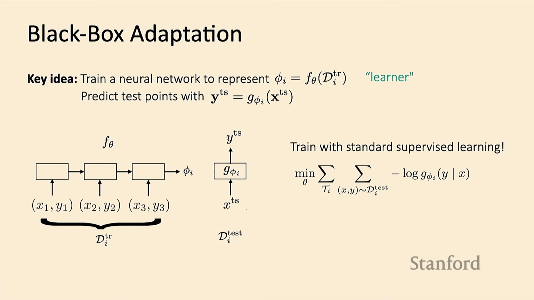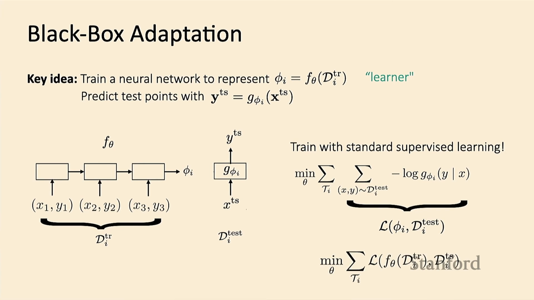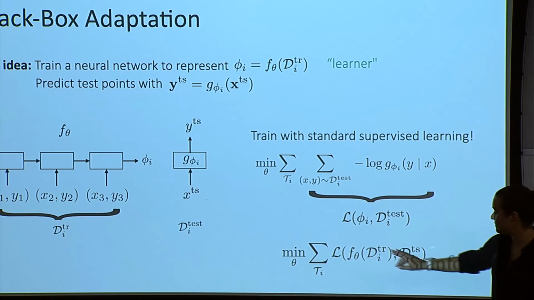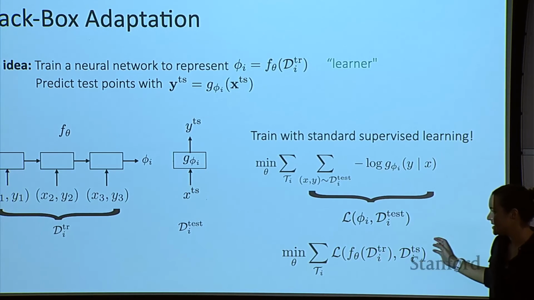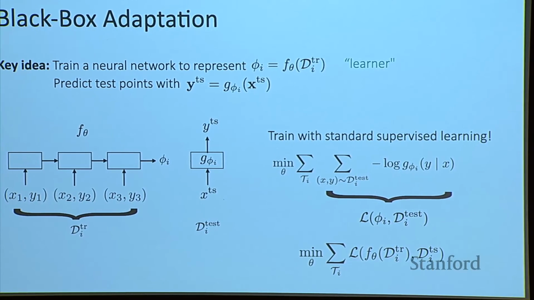That's the loss function that will be applied right here to backpropagate through. If you think of this as the loss function for task i, you can view the overall loss as making a prediction for task i, evaluating that on the test data points for task i, and then averaging that across the tasks.